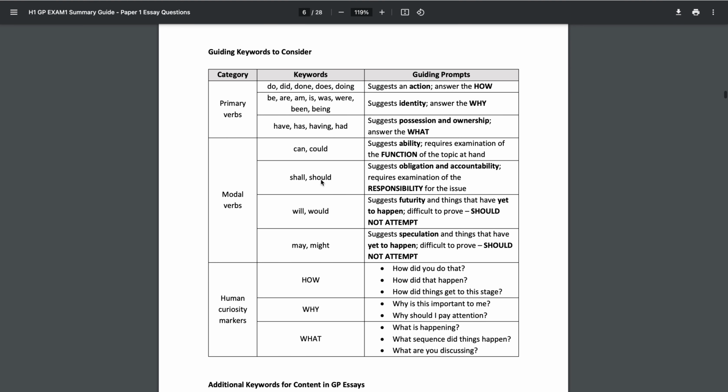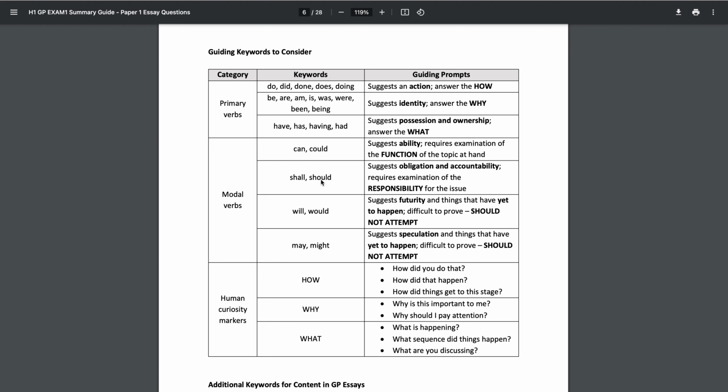Okay, so guiding keywords, you can read this on your own. But words to look out for are will, would, may, might. Will, would is a future tense. If something is asking you to prove that this thing happens in the future, or this thing will happen in the future, how are you going to prove something that hasn't happened yet?